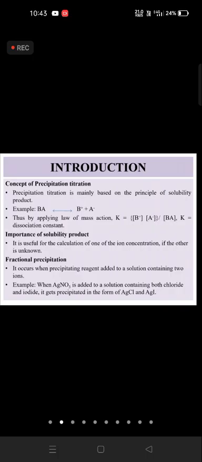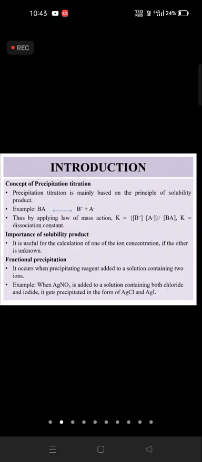Now if you want to find out the value of K, the constant value, K equal to Na plus into Cl minus. The value of K will be given to you in the numerical. The concentration of Na plus will also be given to you, and you will be asked to find out Cl minus. So how will you calculate the concentration of Cl minus?